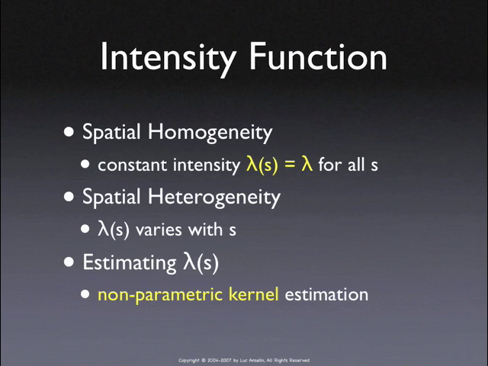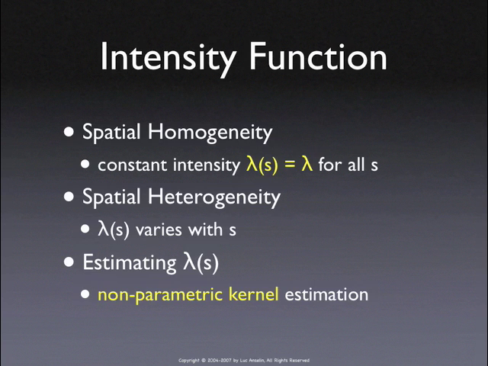This is symbolized by expressing the intensity, the lambda, as a function of S, where S is a generic symbol for location. So typically S will be at least X and Y, two coordinates, but it could be in 3D and so on, as I mentioned earlier on.